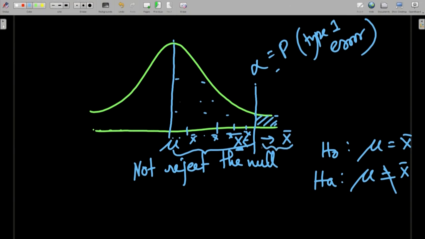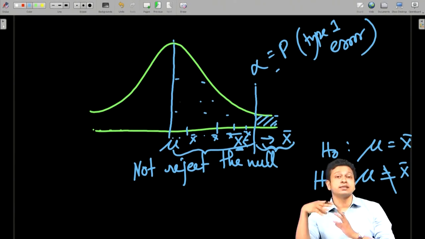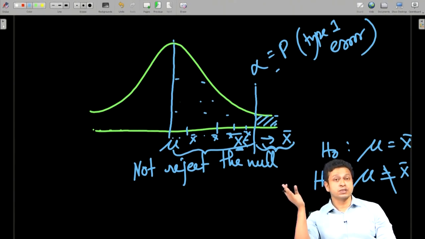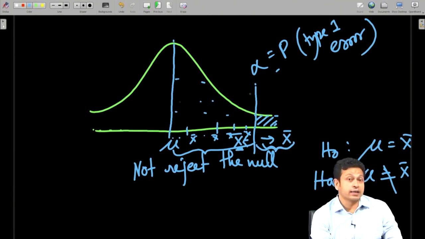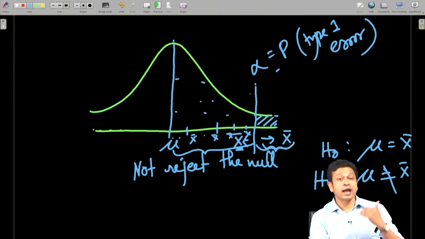If it is in this zone, if it is to the right of the level of significance, only in that particular scenario, where my evidence is really very strong and my x bar, my statistic, is really far away from my true population parameter, do I say that we reject the null hypothesis. Till that point, I do not reject the null hypothesis. I really have to have very strong evidence that my sample statistic is really away from the population parameter.